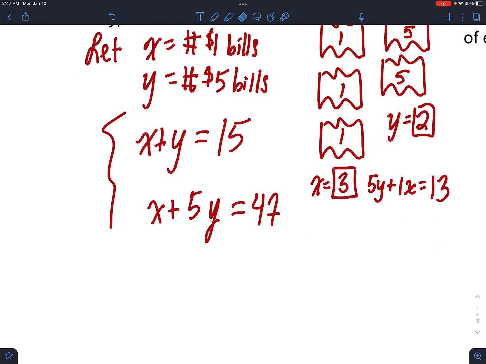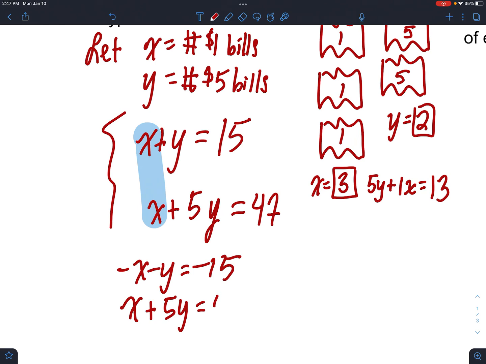So these are my 2 equations, and I like what's going on here, but one of them should be negative, we have to be able to add down. So I'm going to change my first equation to be a negative X, and with that I have to change everything else in there.